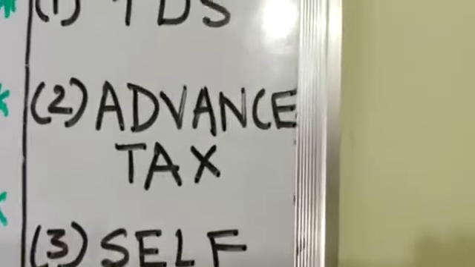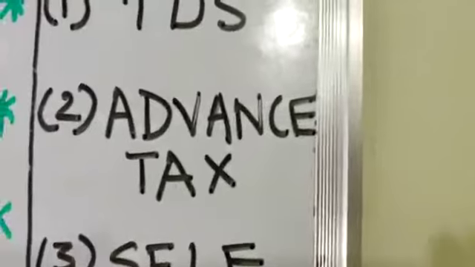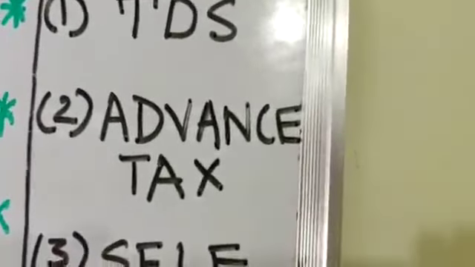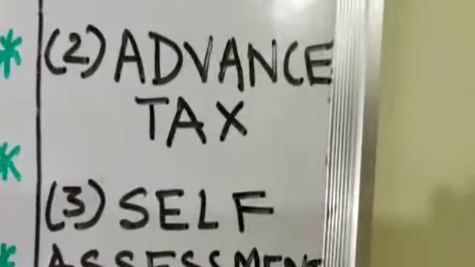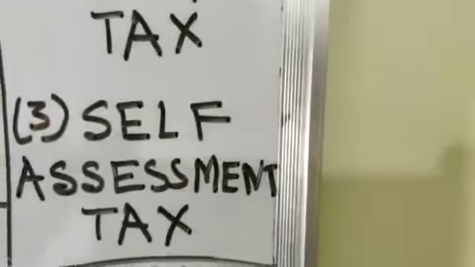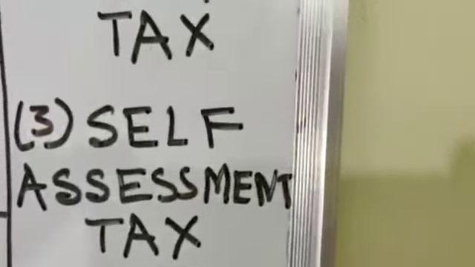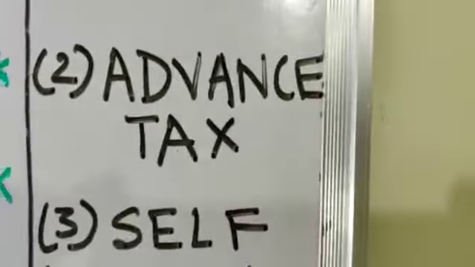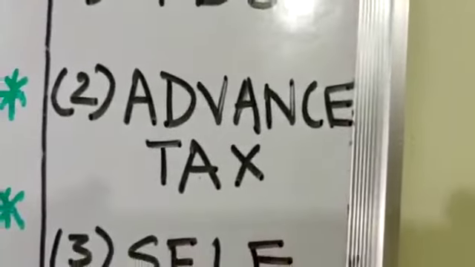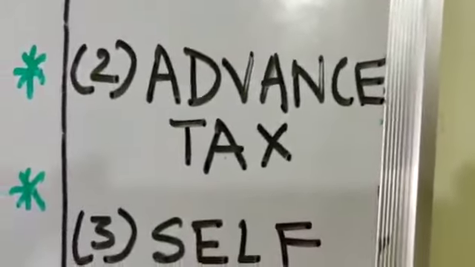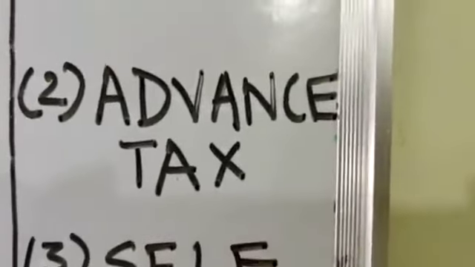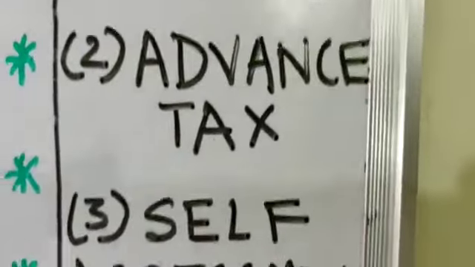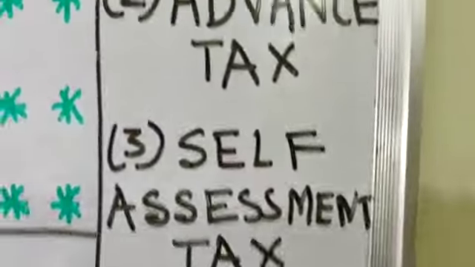But mind it, if there is a shortfall in payment of advance tax, then there will be many interests. So if I have to pay self-assessment tax, there may be chances of paying interest due to shortfall in payment of advance tax. So computation of advance tax is one of the important jobs of an accountant. So the accountant should be very careful about the advance tax computation.